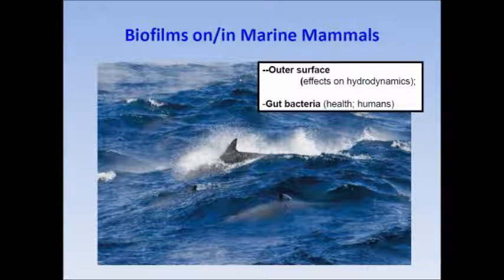This is being studied to a wide extent in humans now because they're thought to be very important to maintaining our health, but also in perhaps many diseases as well. We always think of bacteria as just infections, but they're very important to our health and very likely to the health of marine mammals as well.